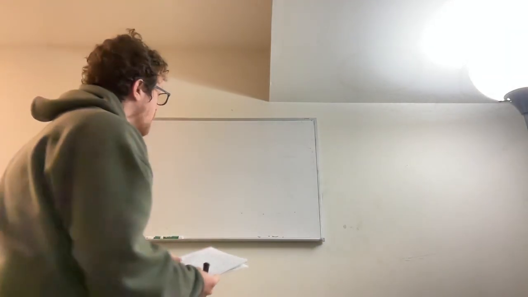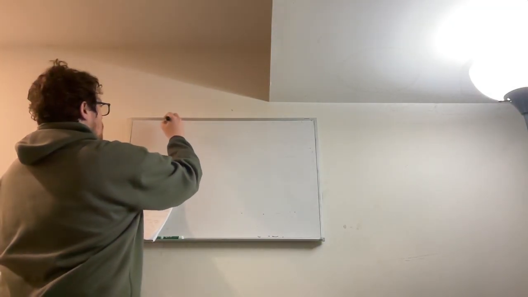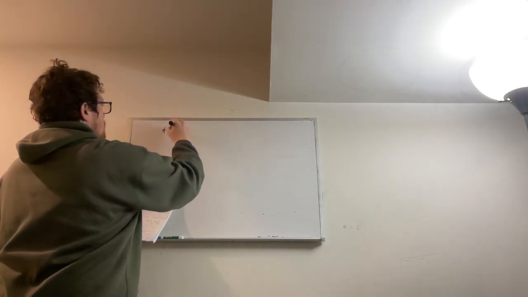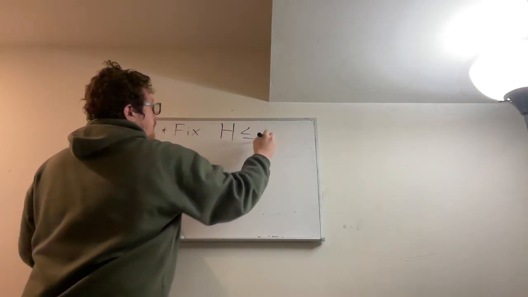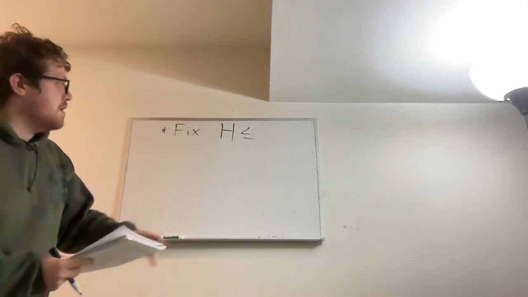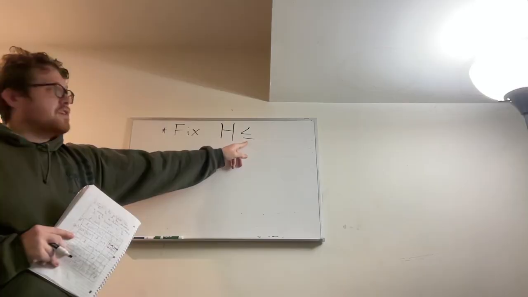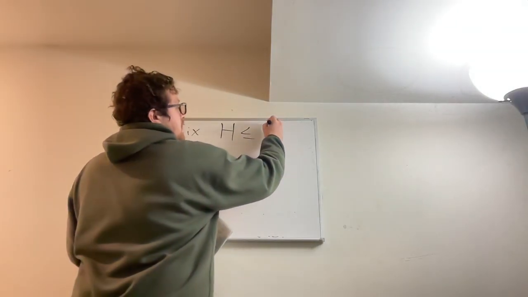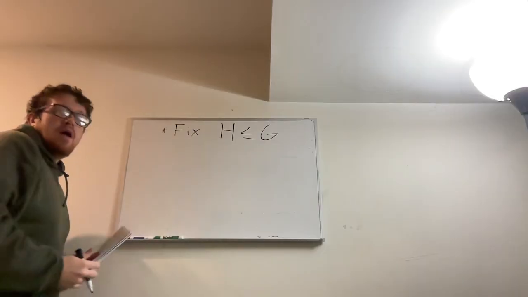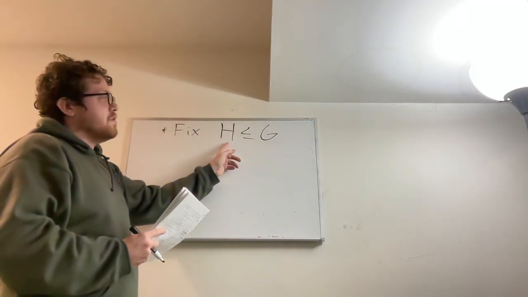All right, so if I fix a particular subgroup H, I think I said this last time, but the notation that we'll use for subgroups a lot of the time is this less than or equal to sign. So H is a subgroup of G. Let's fix some subgroup. Then there's a notion of a left coset of H.